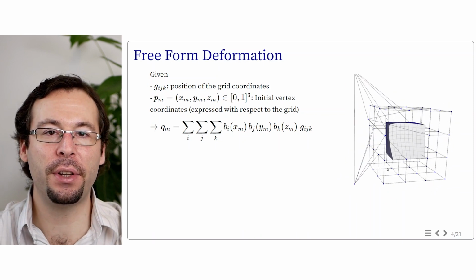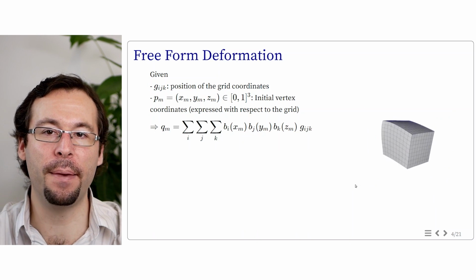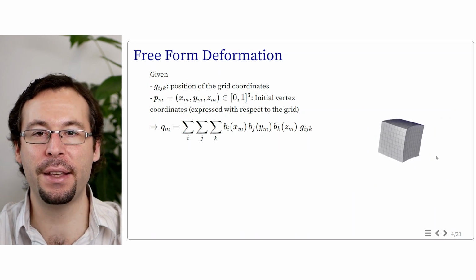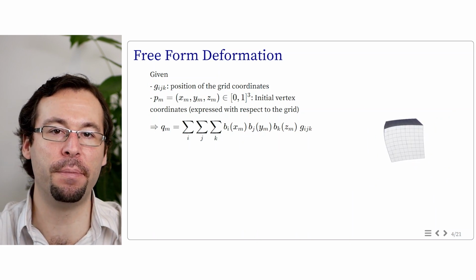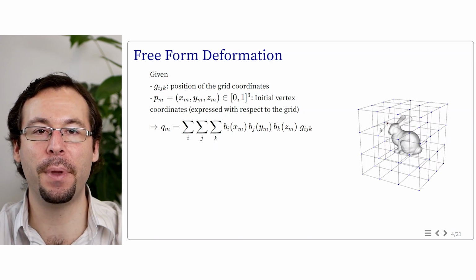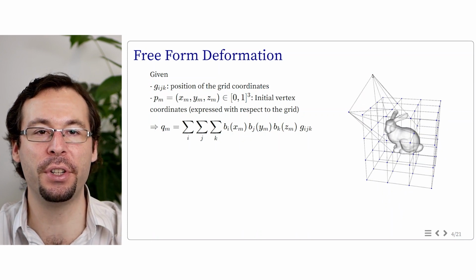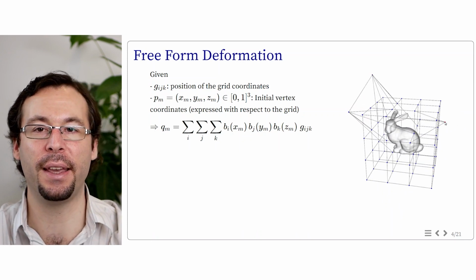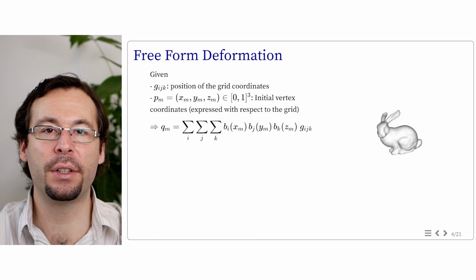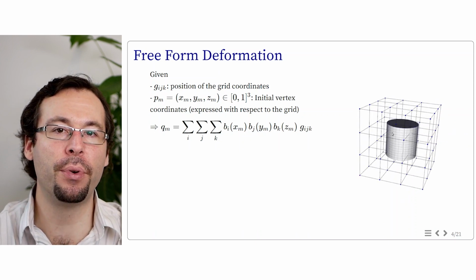Then the deformation of the vertex m is given by Q of m, given by the sum over i, sum over j, sum over k of Bi of xm, Bj of ym, and Bk of zm, times the grid position G of ijk.